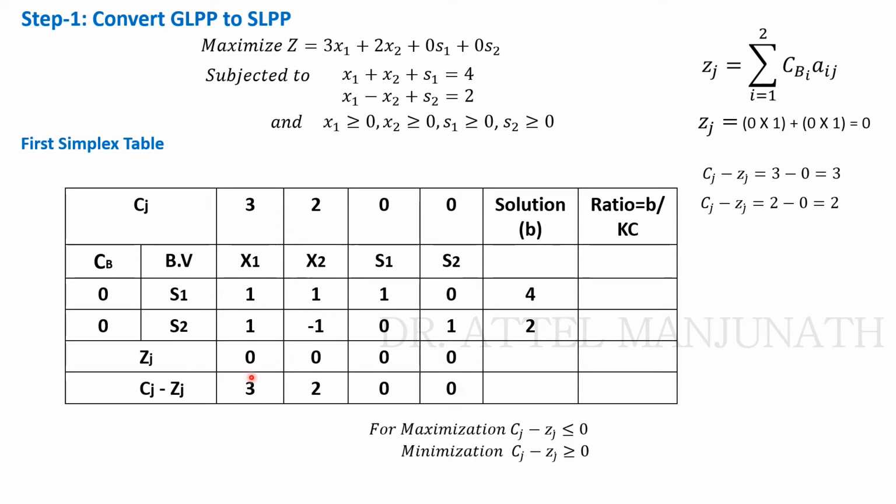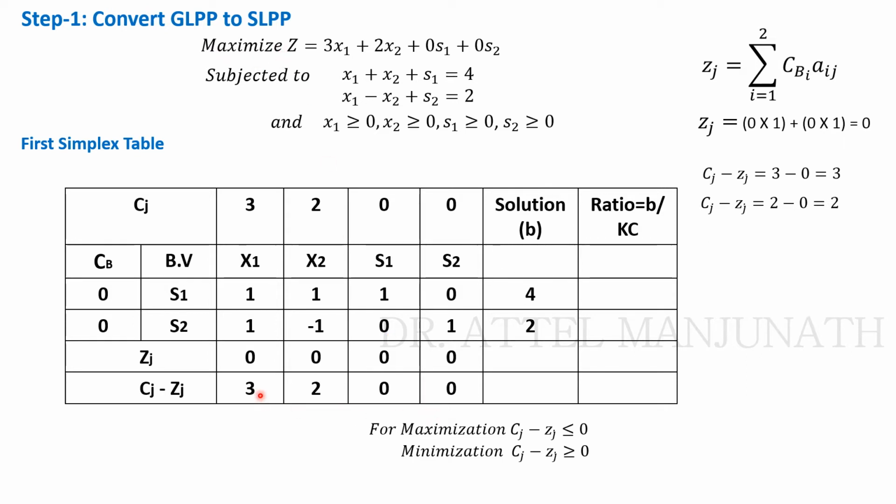Now for any simplex method, for a maximization problem, the difference of Cj minus Zj values should be less than or equal to 0. For a minimization problem, this Cj minus Zj should be greater than or equal to 0. The problem taken in this video is of maximization type.